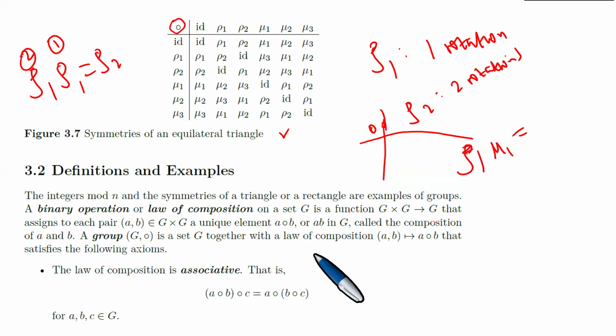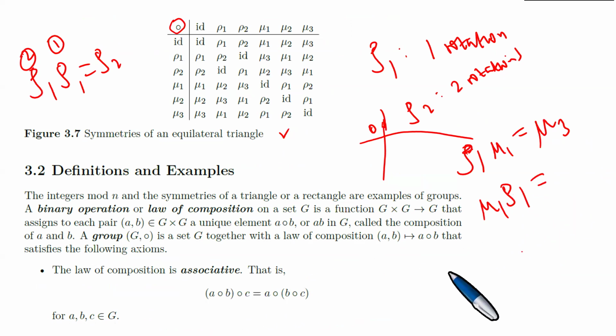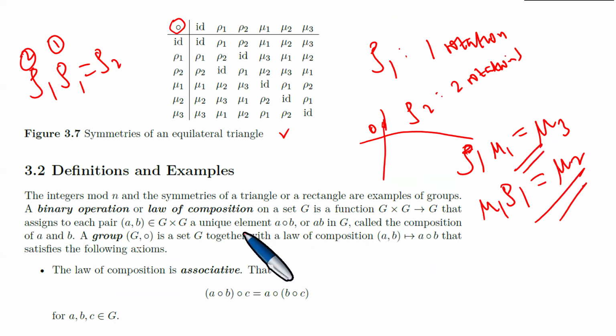We saw that. Anyhow, if we do μ1 ρ1, it is μ2 like that. Okay, so that's what we experimented with. So if you then say μ1 ρ1, it is μ2.